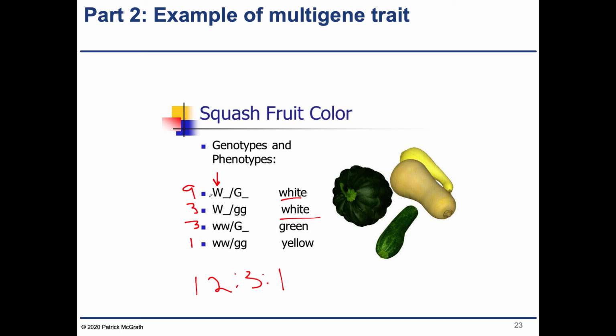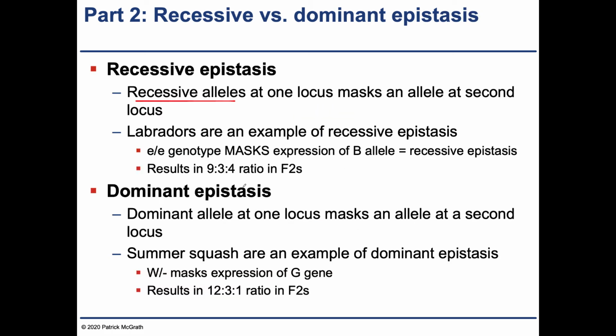And then dominant epistasis is if you have the dominant allele for a certain gene, then it masks the effects of the other gene. So it no longer matters what your G genotype is, you always have the white color. And so dominant epistasis is that situation. Recessive epistasis has this characteristic 9:3:4 ratio, and dominant epistasis has a 12:3:1 ratio.